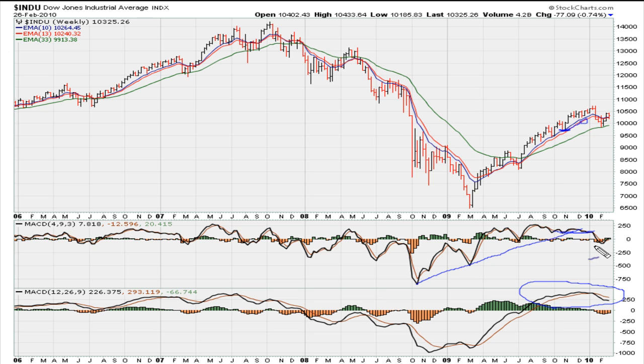And now we see that it's come with its MACD here below zero and trying to move back, on what seems to me like uniform activity with a U-type formation there. So I would say coming into the end of February 2010, the market looked like it wanted to move higher. So let's see what happened next.